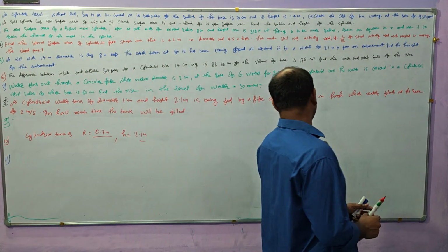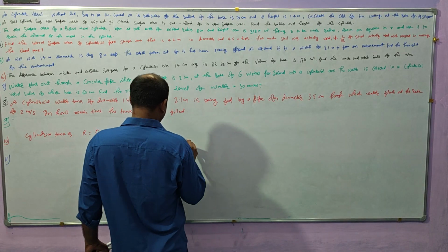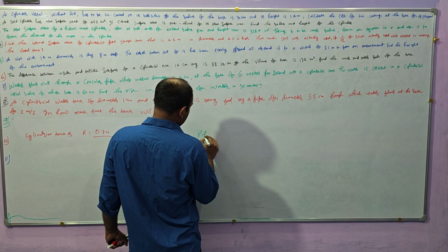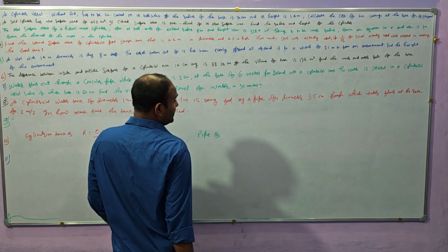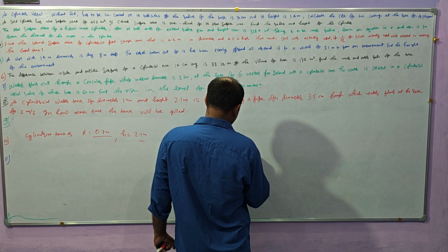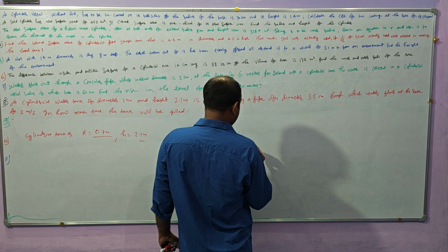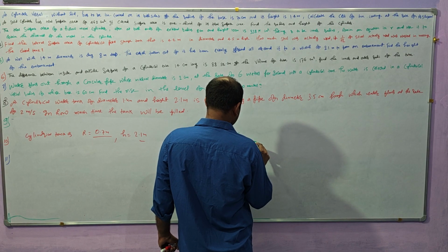It is being fed by a pipe of diameter 3.5 centimeter. Pipe dimension: diameter 3.5, that means radius is 1.75, and that is in centimeter.